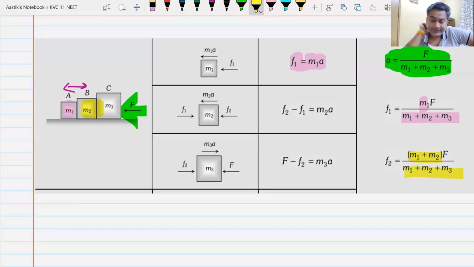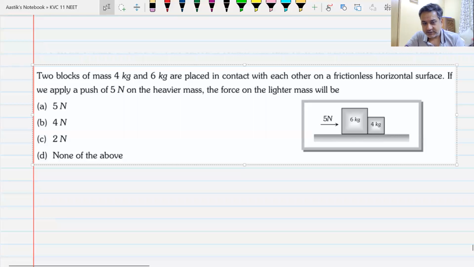Do we understand this? Can we solve the question now? Okay. Let's see if you can use the logic and solve this question.